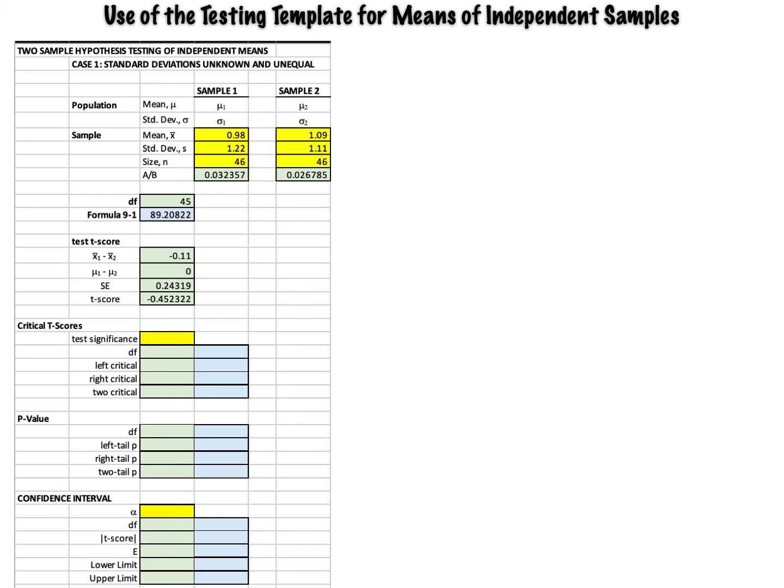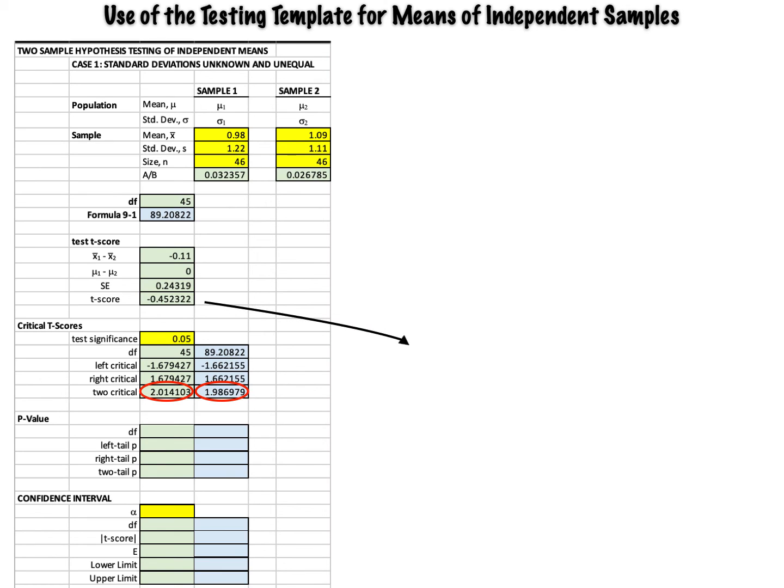Now, let's type in 0.05 in the test significance field. We get critical scores for a left tail, right tail, and a two-tail test for both degrees of freedom. Since we are doing a two-tail test, the two relevant critical values are 2.014103 for 45 degrees of freedom and 1.986979 for 89.208 degrees of freedom.